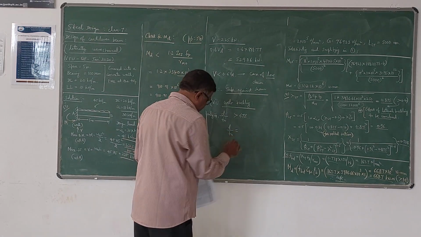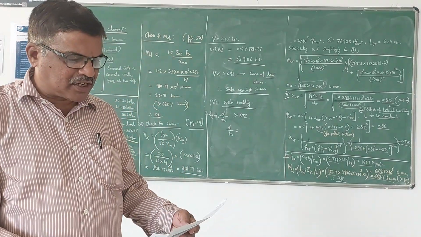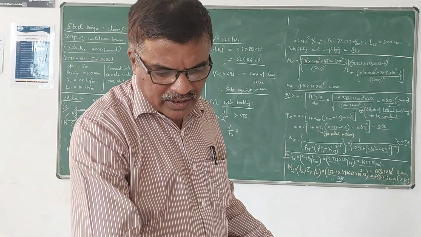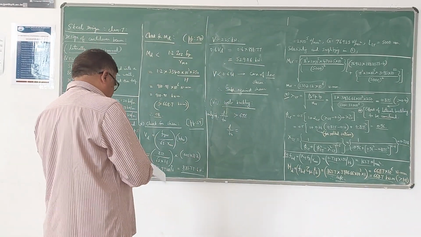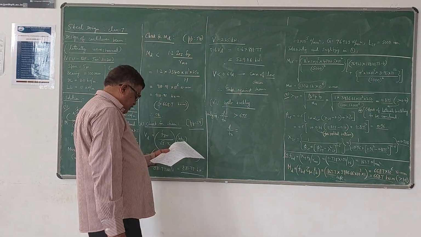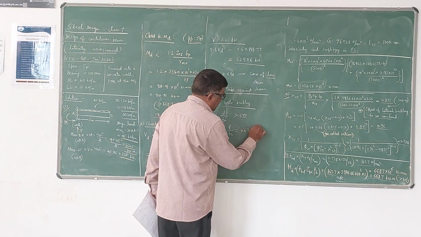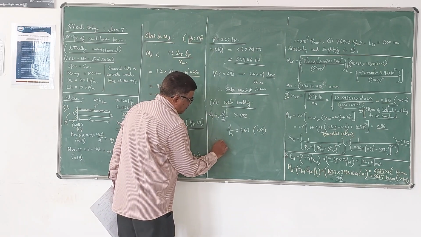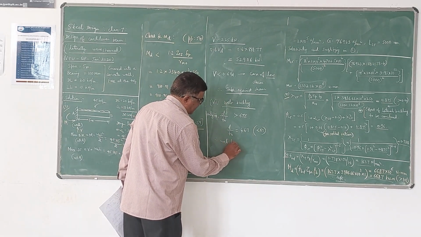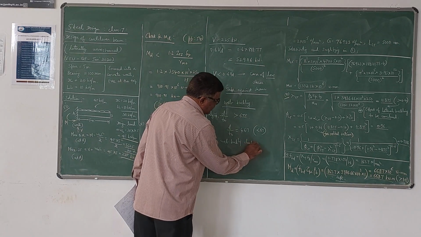While doing the section classification, we have checked d by tw, and that value is 46.7, which is definitely less than 67 because epsilon is 1. Therefore, web buckling check not required. It is safe.